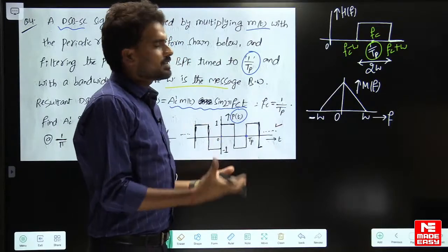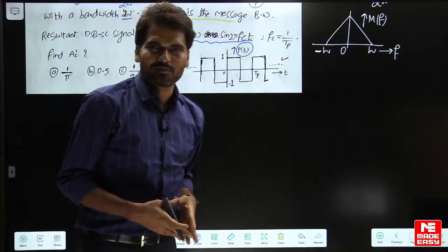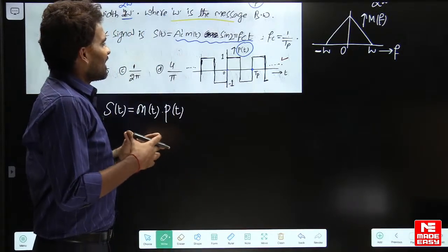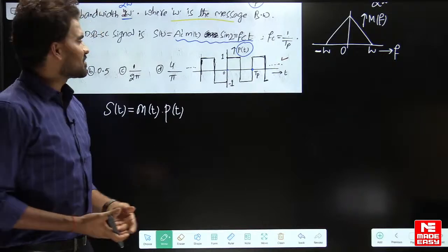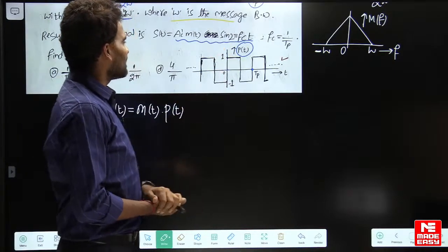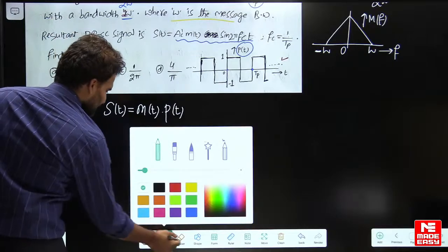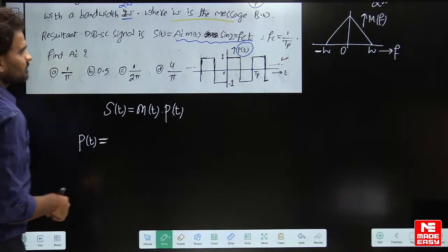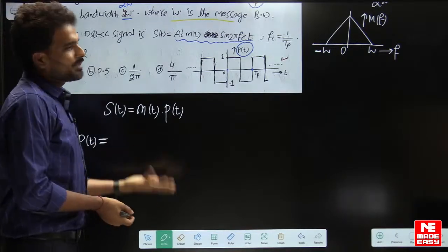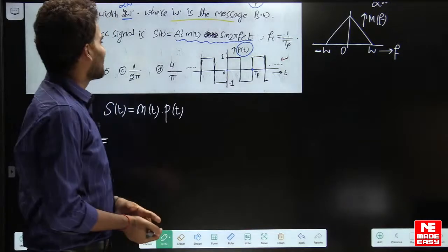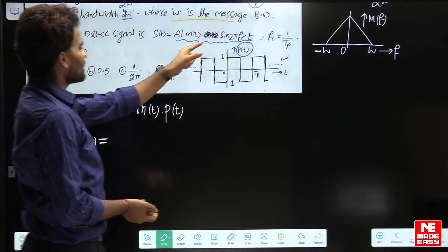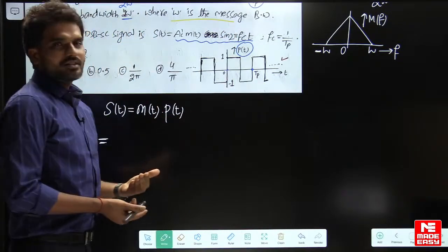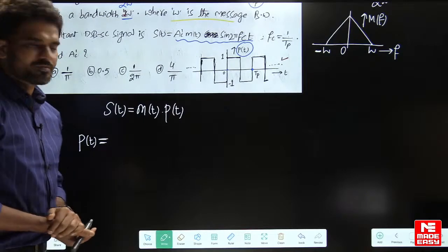To do that filtering of the periodic signal, we can take the help of Fourier series. So I am going to write the Fourier series representation of this periodic signal p(t). Let me write the trigonometric Fourier series representation, because I am expecting the DSB-SC term in terms of sine and cos.